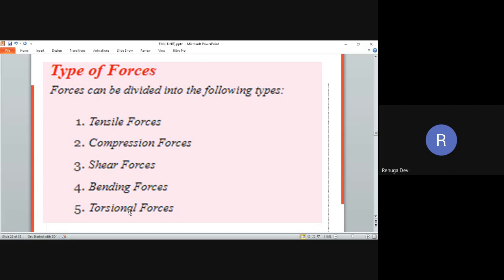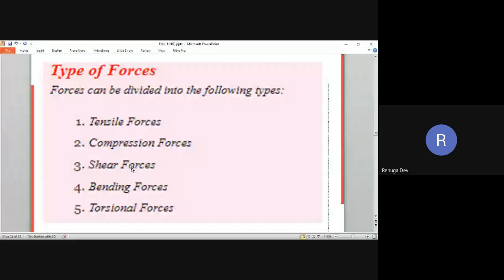In the other cases, the deformation is elongation or compression, but in this case the deformation takes place in an angular manner. Angular means radians, a twisted or circular, radial manner. That is the main major difference.